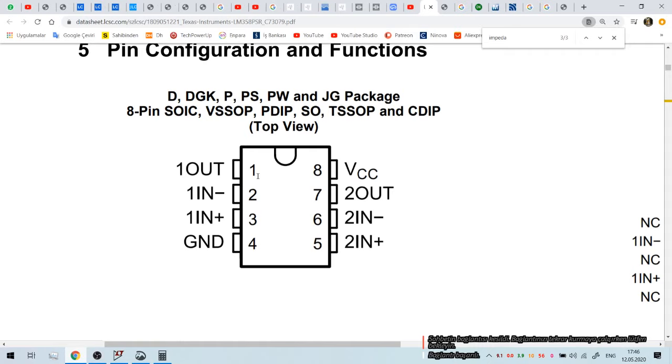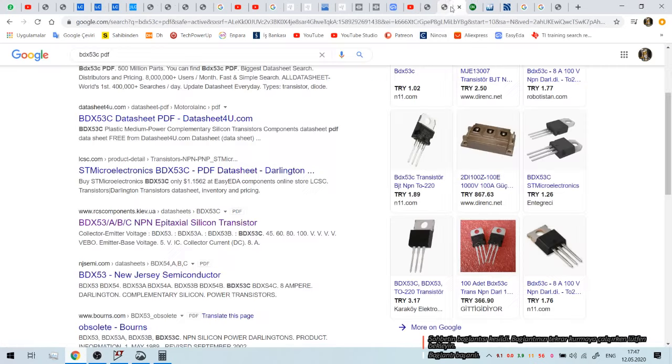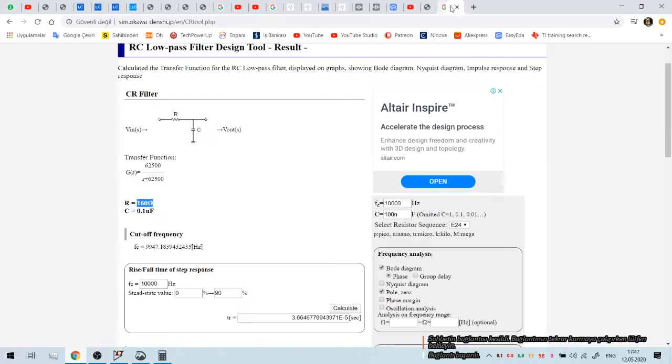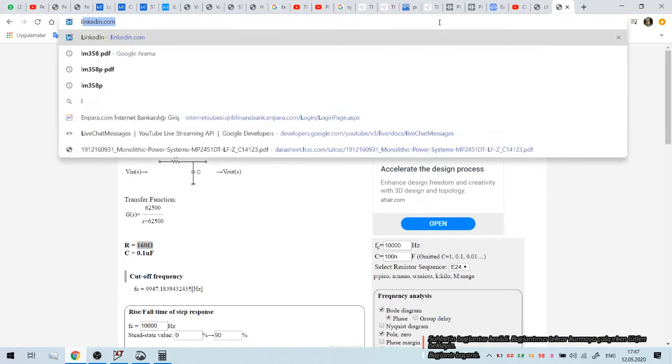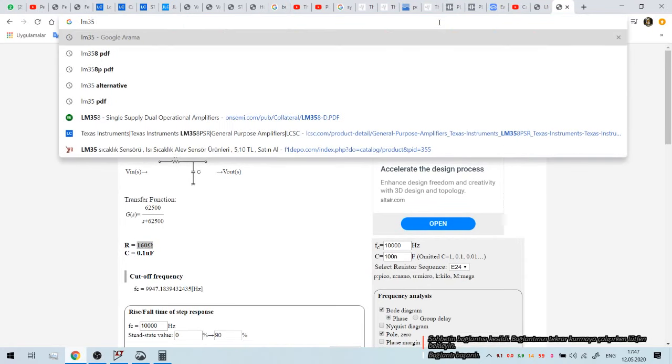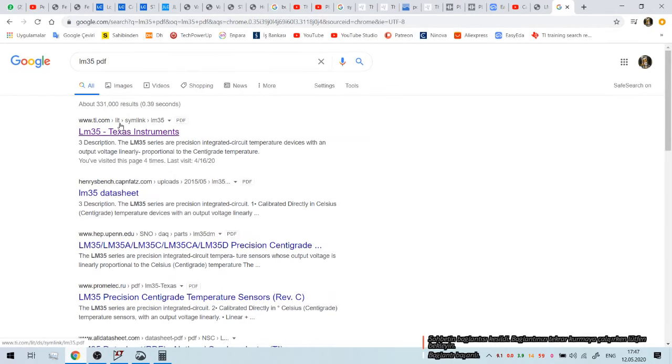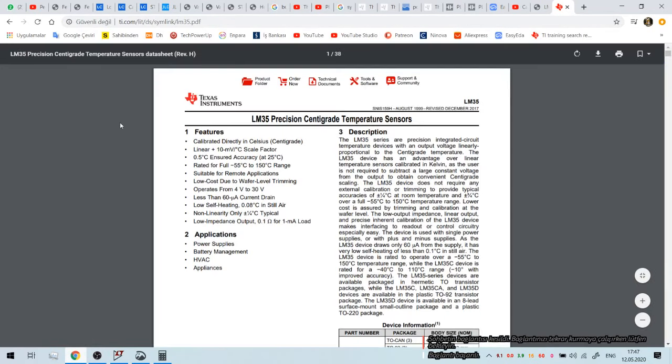Yes, we can use some transistors and temperature sensors, so we can control the temperature with that. What can we use for it? I want to use a very common LM35 temperature sensor.